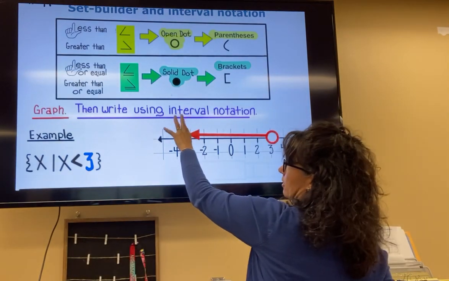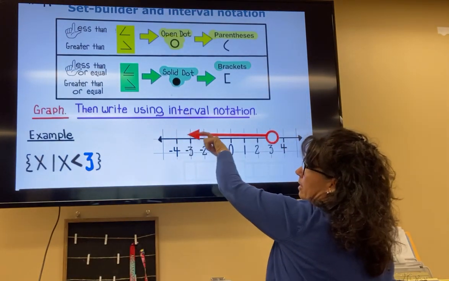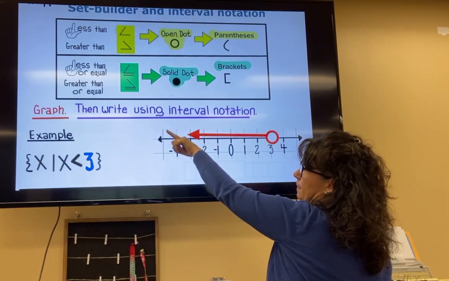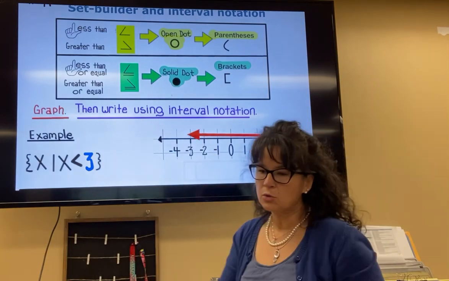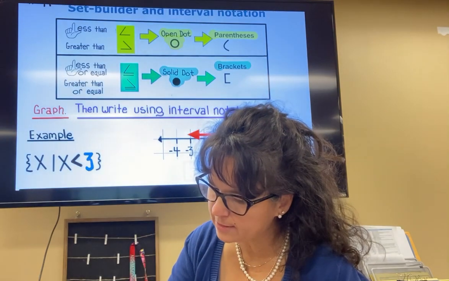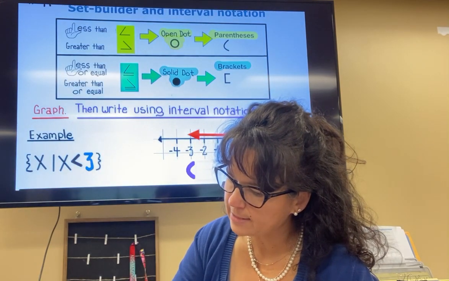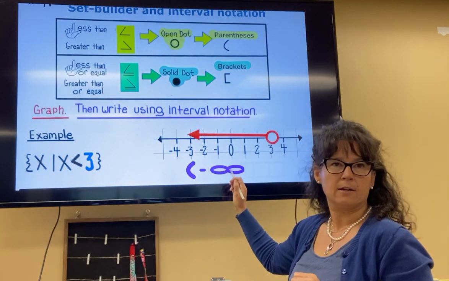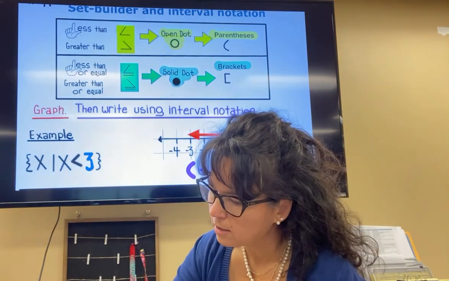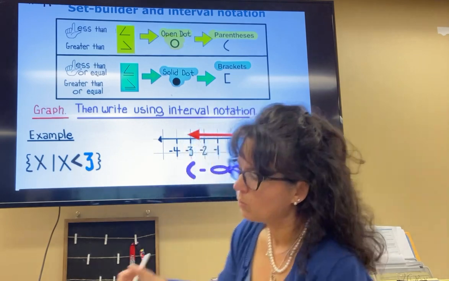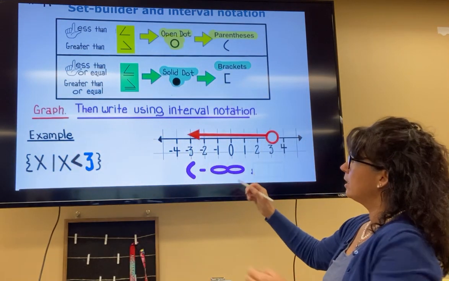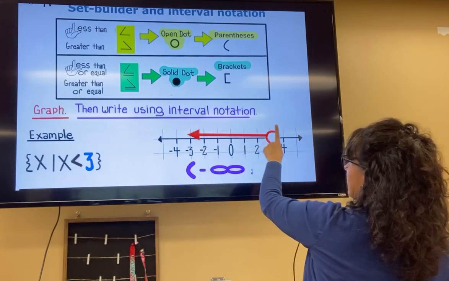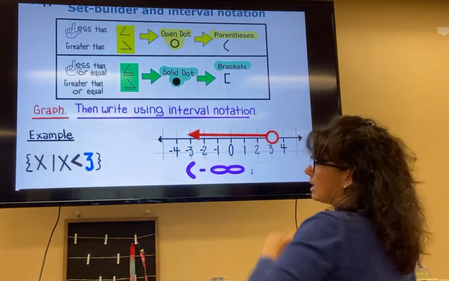Over here, the description of numbers that go forever to the left would be negative infinity. And the symbol that goes with an infinity is a parenthesis. So I'm going to go parenthesis, negative infinity, comma, which just means through. Now, it keeps going, keeps going, and I stop at the number 3.